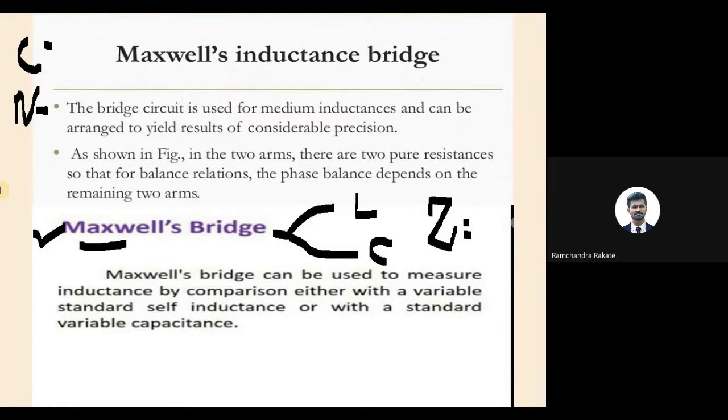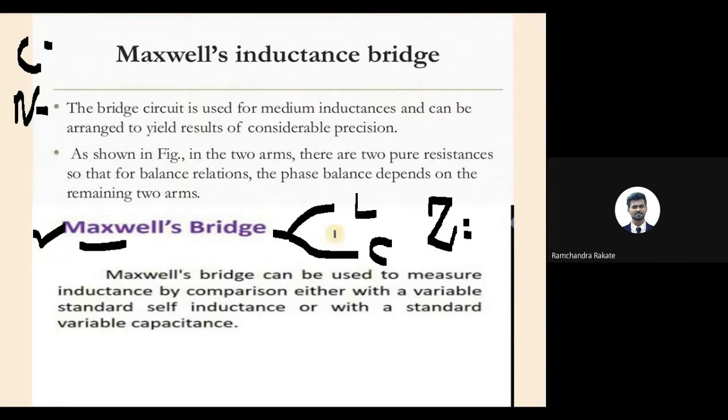If you Google Maxwell bridge, you will find Maxwell-Wien bridge, modified Wheatstone bridge, or inductance capacitance bridge. All are the same thing. In your curriculum it is mentioned as Maxwell bridge, so I have highlighted it here. But on a global search you can find many names for the same bridge, because Maxwell is one method through which we can have certain permutation combinations.